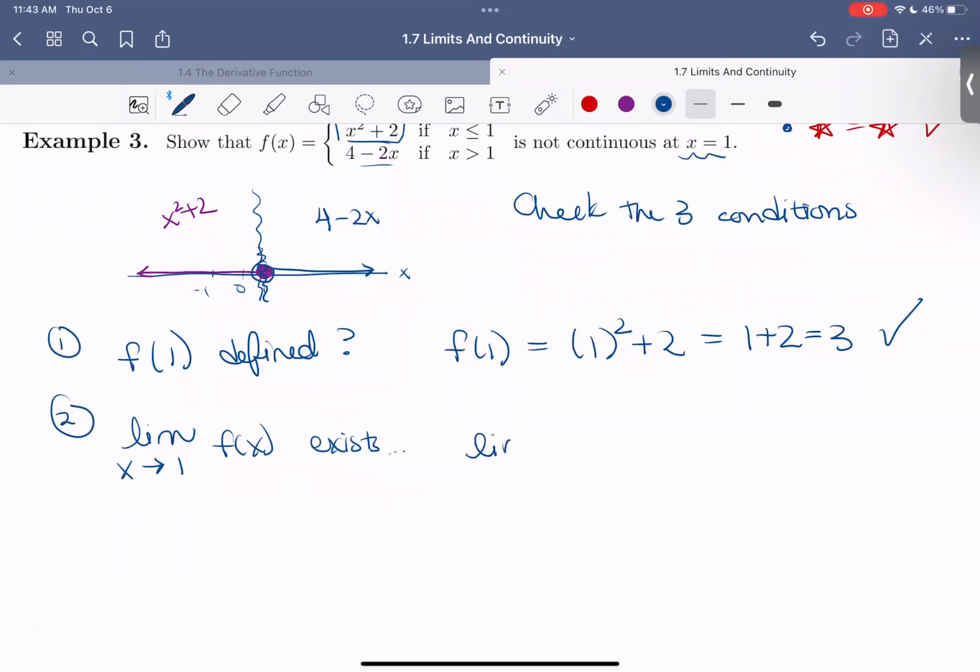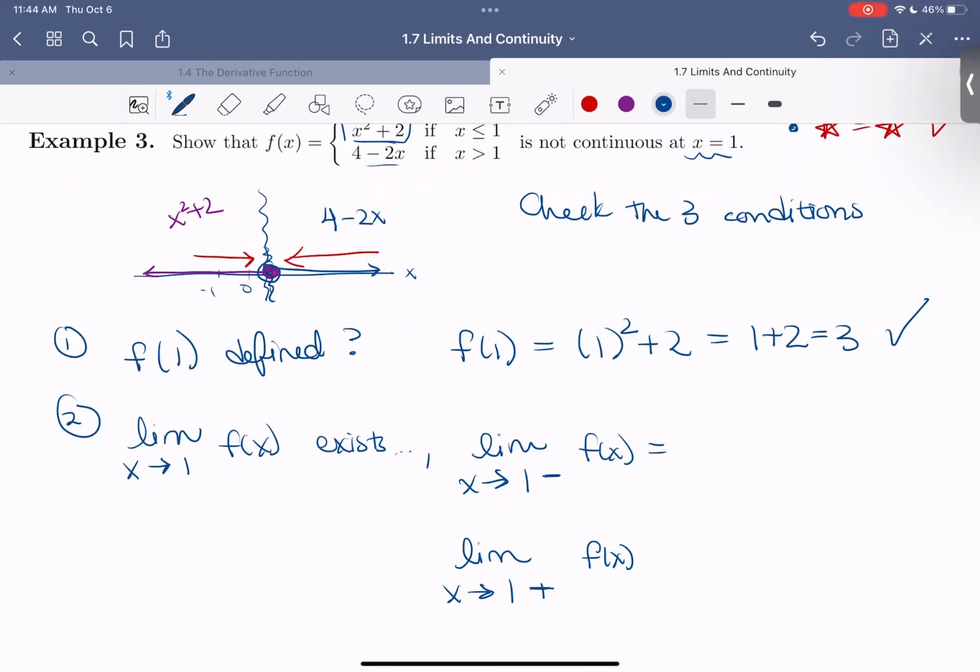So in order to compute that limit, we need to compute the limit as x goes to 1 from the left side, and compute the limit as x goes to 1 from the right side. Recall that negative is coming from the negative side, positive coming from the positive or right side. Now we're looking at f of x here.